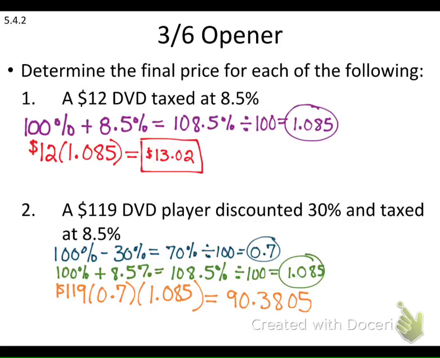Now, this is where we're going to have to round. We're dealing with money, so I need to round to the nearest hundredth, or the nearest cent. Which number is in my 100th place value? Jemiah? I think you rounded it right on your paper. Yeah. Which number is in your 100th? Yeah, you did it exactly right.